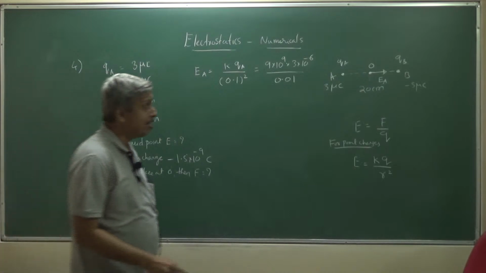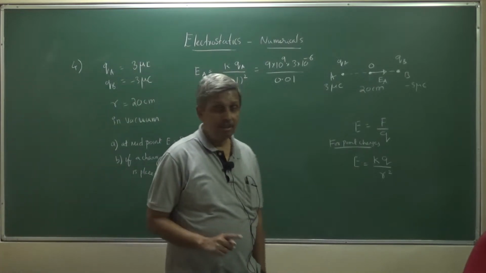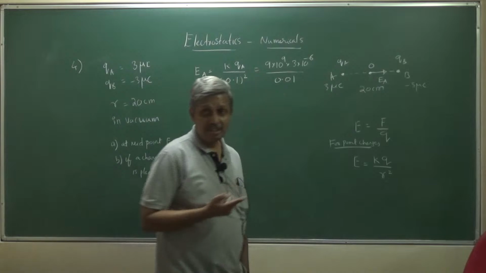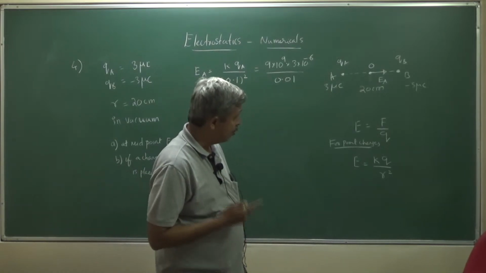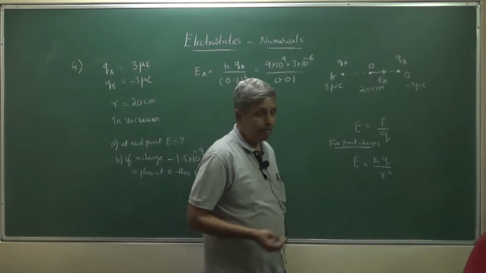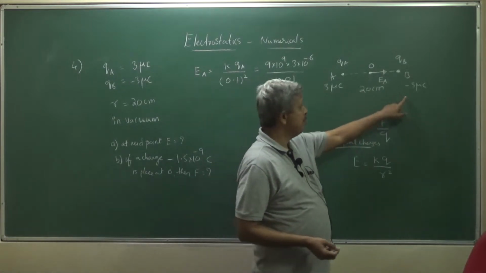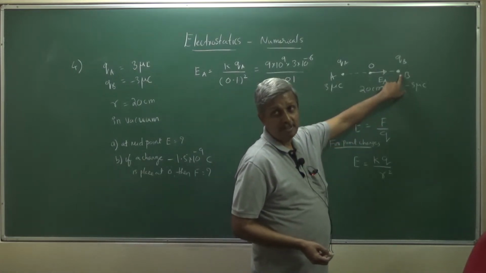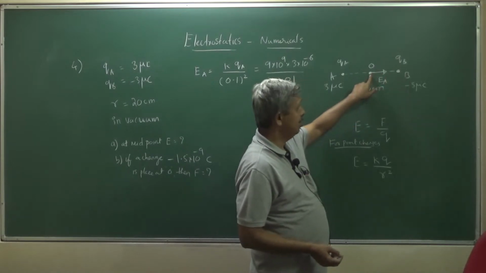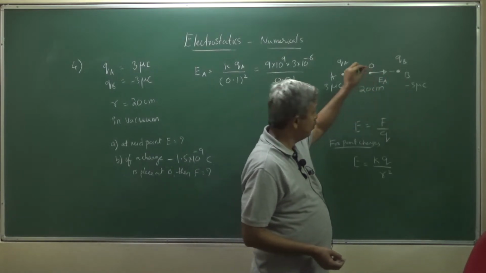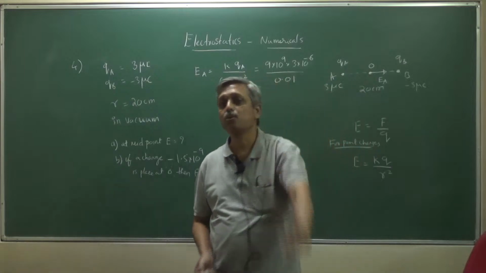I am going to write also EB. EB means electric field due to B. In B, what is there? Minus 3 microcoulomb. If there is a minus 3 microcoulomb here, the field is defined by, if I put a unit positive charge here, where does it go?